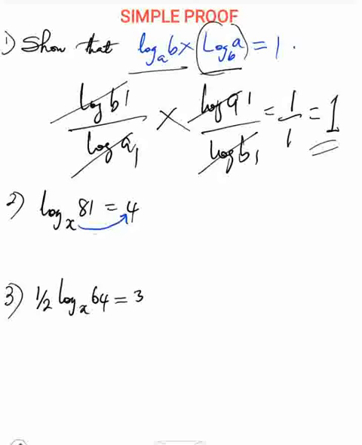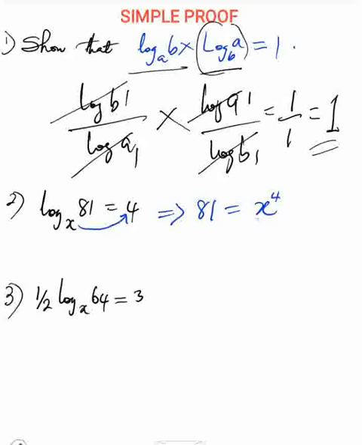That is, 81 is equal to x raised to the power of 4. The index to which x will be raised to give 81 is the logarithm, and that is what we have here.